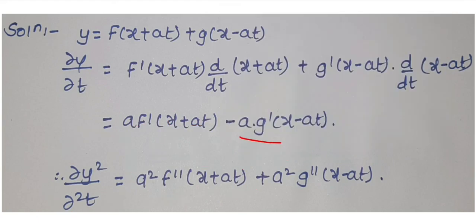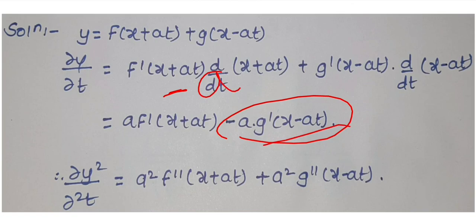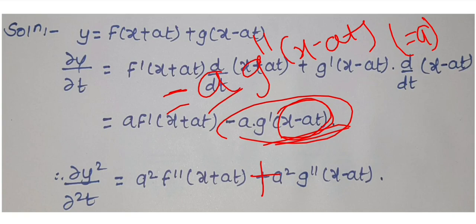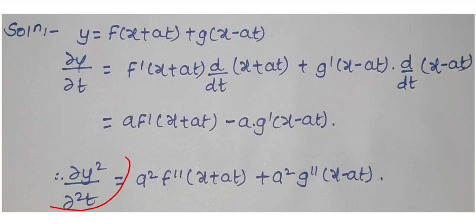Okay, now this term, minus a as it is, differentiation of g dash of x minus at will be g double dash of x minus at, and by chain rule, the differentiation of x minus at will be, as x is a constant term, minus a. So this minus becomes plus, and we get a square g double dash of x minus at. Okay, that is how we get the double partial differentiation with respect to t.